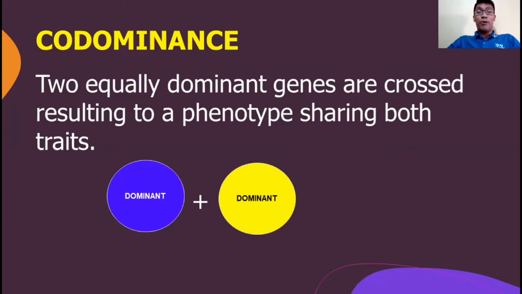If you have observed, both of them are dominant, and their dominance is equal. And so, the result would be a blue with spotted yellow. It only means that both traits will appear in their offspring or product.